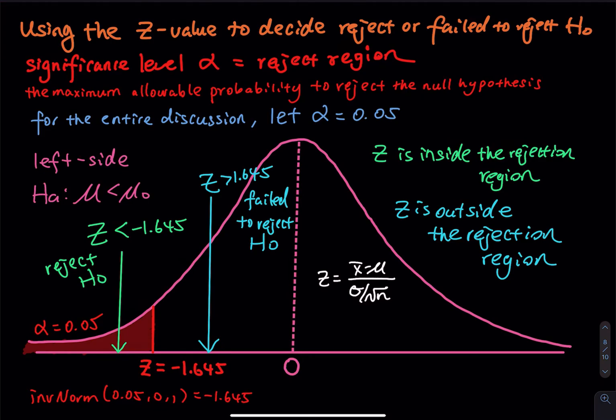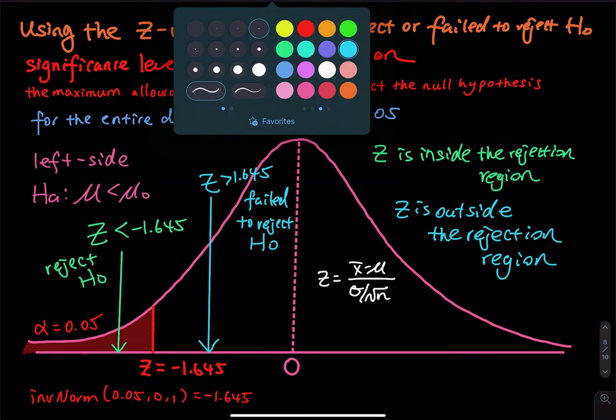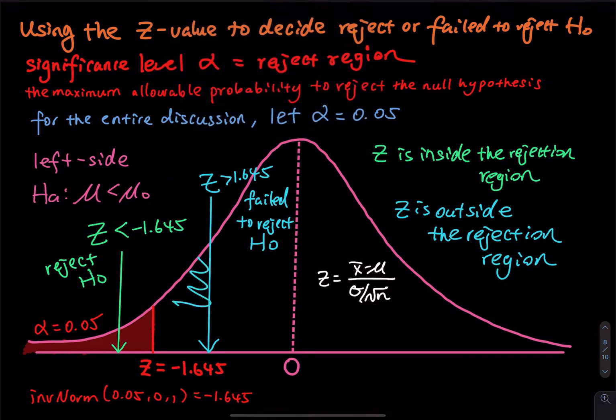So the blue Z is outside the rejection region, it is greater than negative 1.645, anywhere outside the rejection region. It doesn't have to be that spot. So I fail to reject the null hypothesis because I did not step in the rejection region. Then what about the p-value? So the p-value of the blue Z is here.